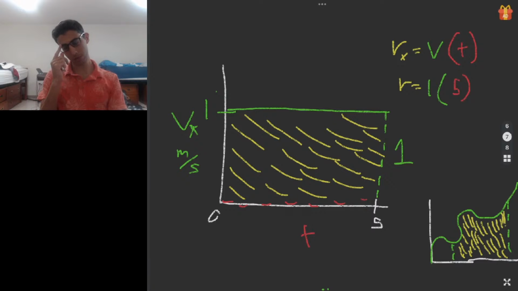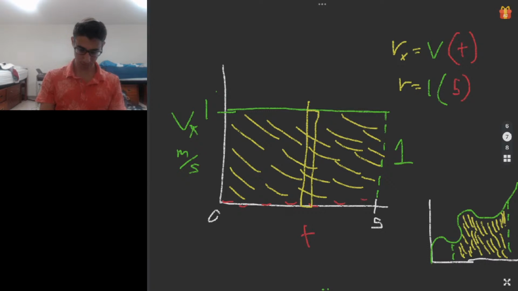I guess maybe you could say that the amount the area changes for a tiny amount of time is the value of the function, which means the function is the derivative of the area.